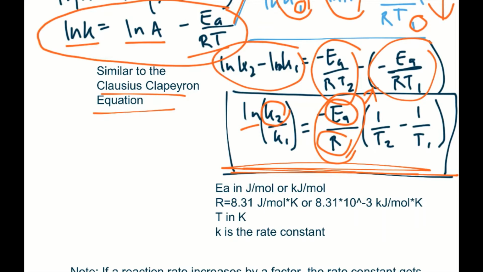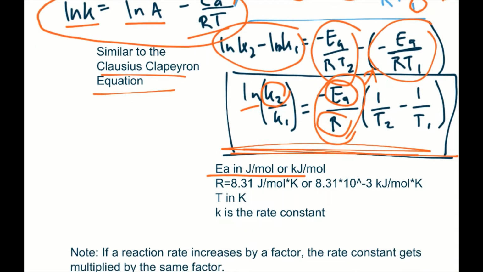Let's review our units. EA is in joules per mole or kilojoules per mole. R is our gas constant. It is 8.31 joules per mole times Kelvin, or 8.31 times 10 to the negative 3 kilojoules per mole times Kelvin. Depending on what you want to find, if you want to find EA in joules, then you have to use 8.31.